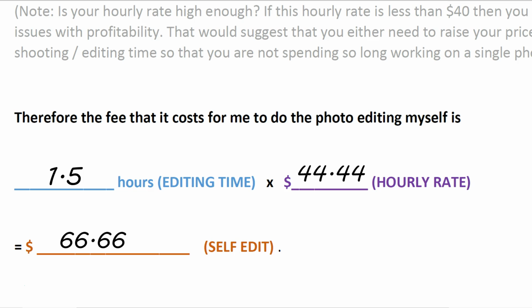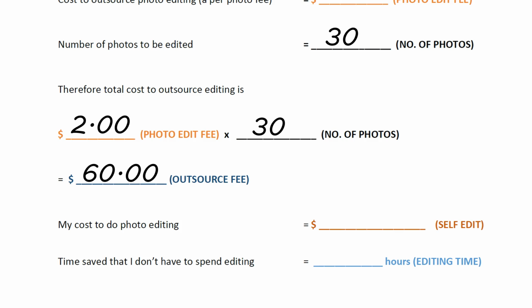So that was this section here where it says $66.66. So you got that? Okay, now write those values down in here. So I put in $66.66 as my cost to do photo editing and 1.5 hours to edit the photos myself.